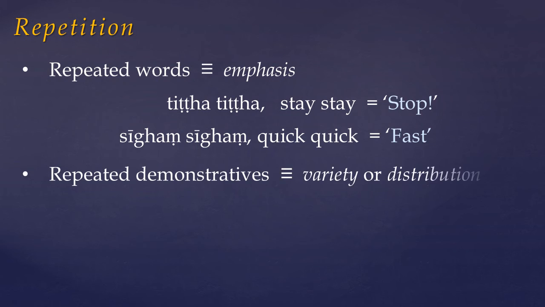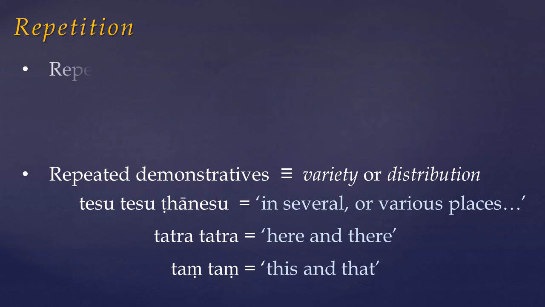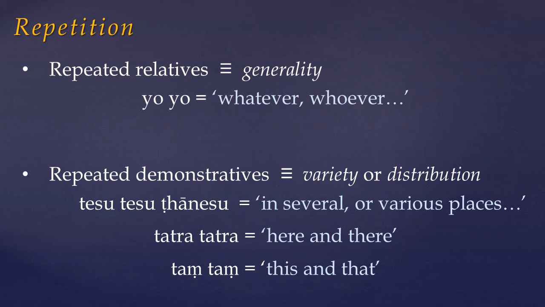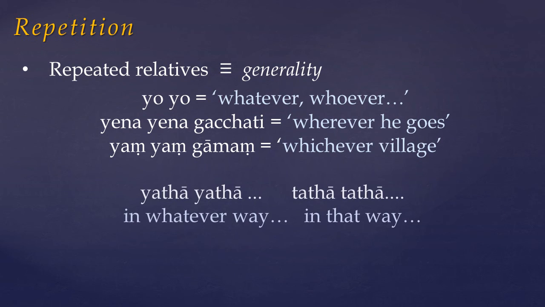Repeated demonstrative pronouns can have a distributive effect, as in here and there, this and that, whilst repeated relative pronouns can indicate generality, whoever, wherever, whichever. And in a relative clause, when the relative term is repeated, the corresponding demonstrative is also repeated.